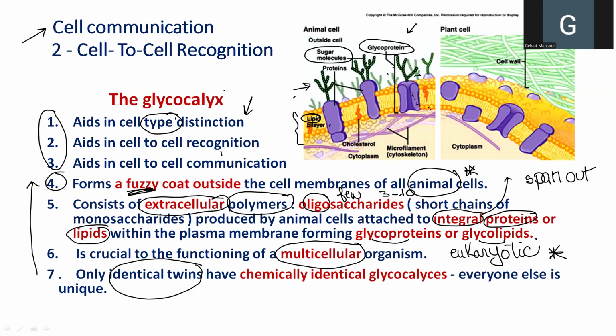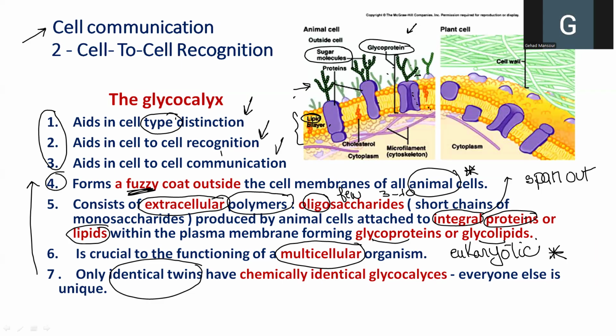So since they aid in cell type distinction, they will also help in cell type recognition. Since they characterize the cell, they will help recognize the cell and the type of that cell.